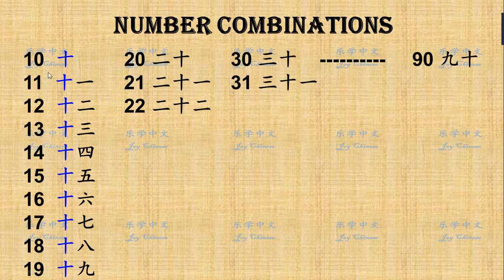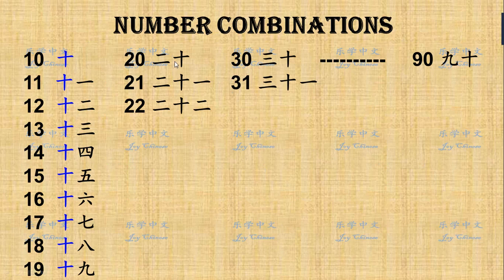Exactly the same as the Arabic way. So there's nothing to change. You just simply add. For example, 12, you put a 2 behind 10 is 12. And the same for the rest of the numbers. Until 19, you put a 9 after 10 is 19.